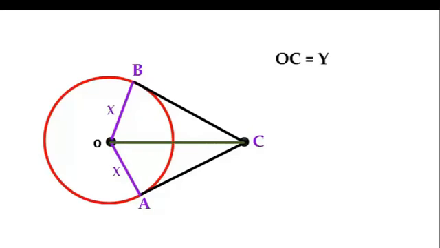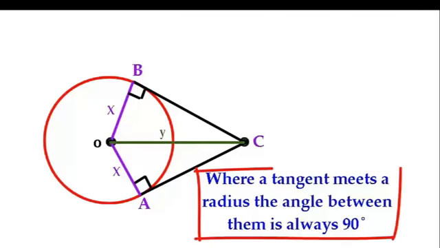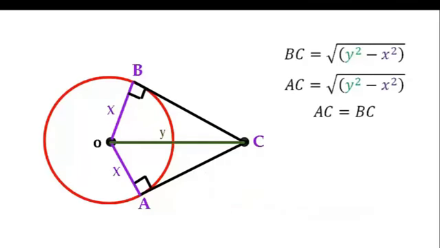We know that they are right-angled triangles from the circle theorem that states where a tangent meets a radius, the angle between them is always 90 degrees. So now we can use Pythagoras to calculate the length of BC, because we know the hypotenuse is length y and one of the sides is length x.